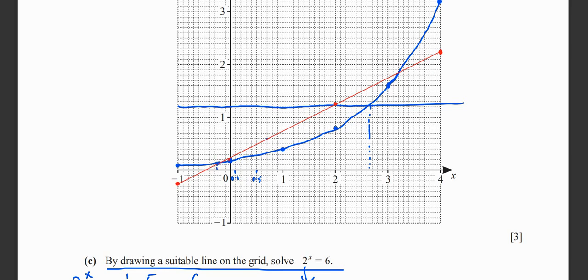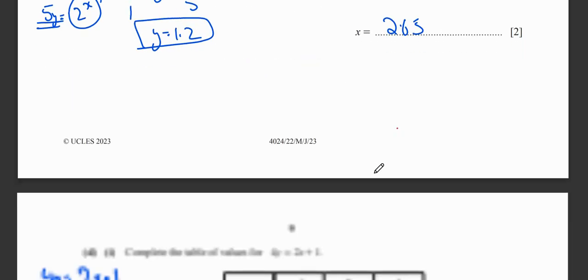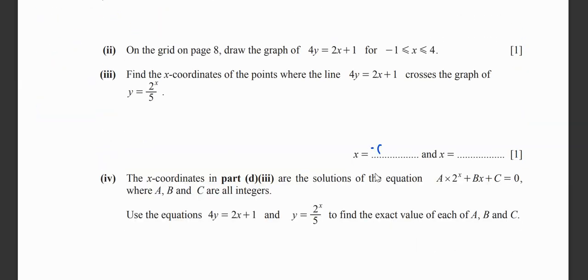So this is negative 0.25. And the other point at which it's intersecting is 3.2. So the answer for x is going to be negative 0.25 and 3.2.